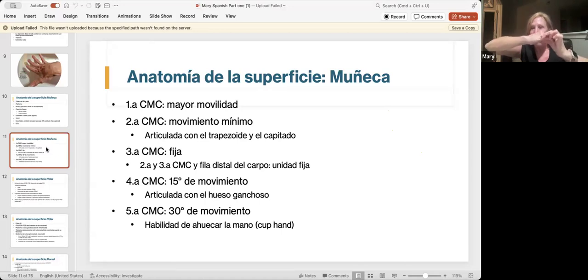You see the fifth metacarpal moves quite a bit. So that's wrist, that's fifth metacarpal. We're going to talk about that a little bit more. The fifth metacarpal moves about 30 degrees and the fourth moves about 15. The second and third are fixed units, and the first is the thumb joint, and it moves a lot.